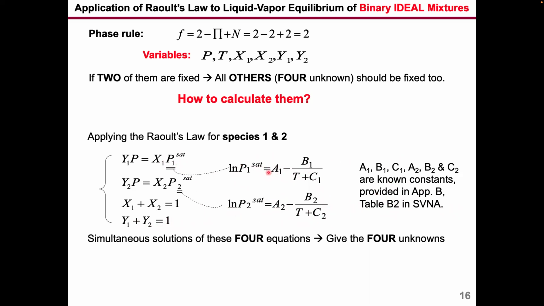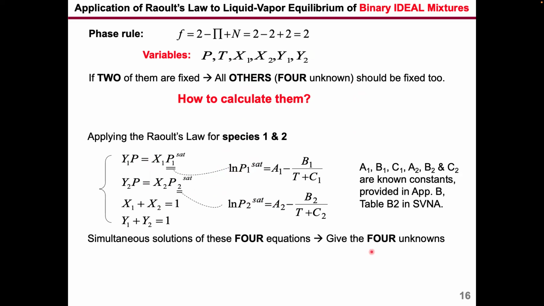And then once you know temperature, you can know Pi saturation, right? And then if you know the system pressure, basically, you have 4 equations. You already know 2 of them, so you should be able to calculate the rest, right?